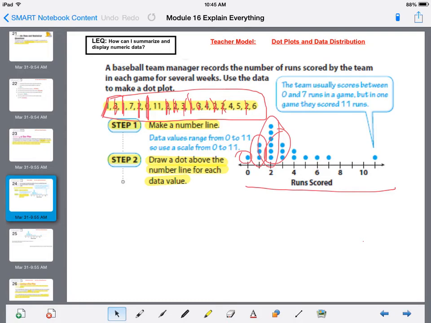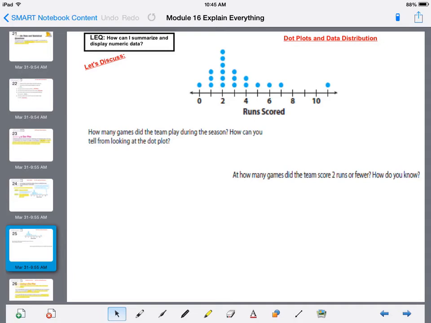Where 4 runs were scored, we have 2 there. 5, we only have 1. 6, we only have 1. 7, we only have 1. And 11 seems to be the outlier because it is much greater, and normally they're not scoring that many runs per game.